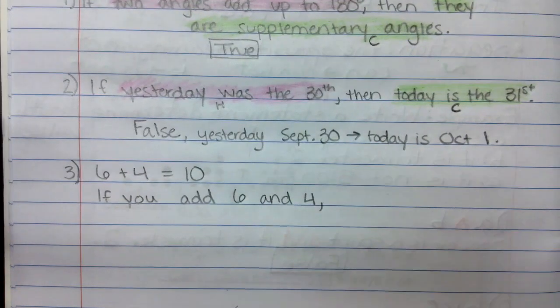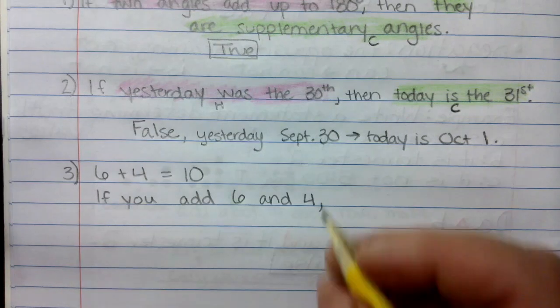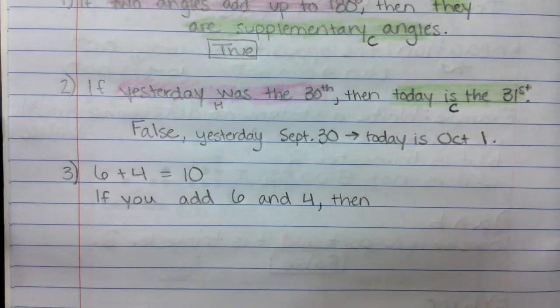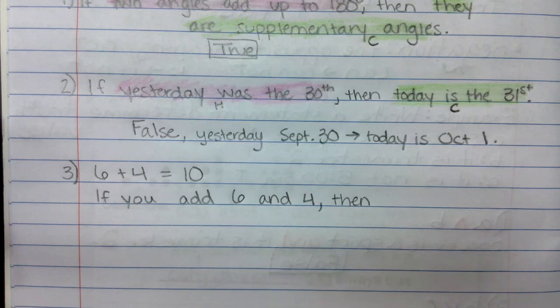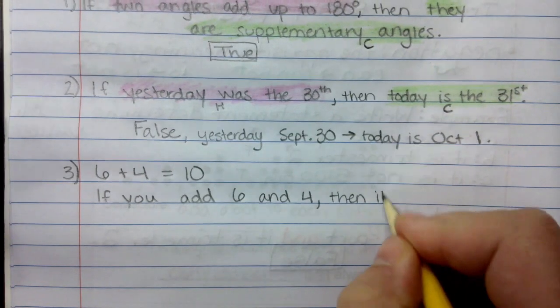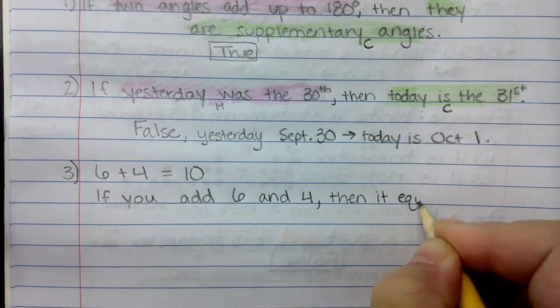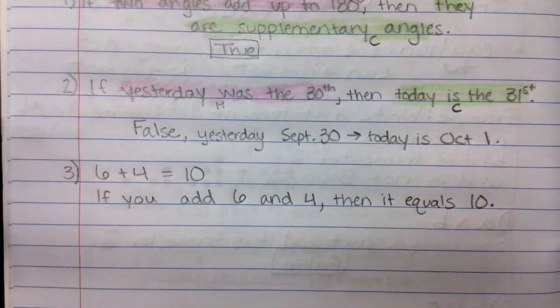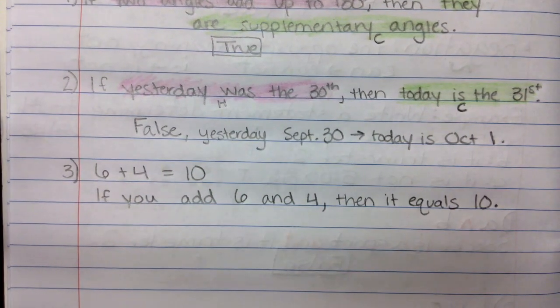Yeah, it'll give you 10, then it equals 10. So we want to practice when we see things that aren't always written in that format, 6 plus 4 equals 10. We want to think about them as an if-then. What are you doing first and then second?